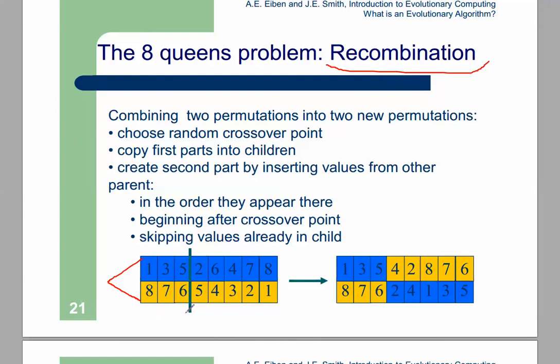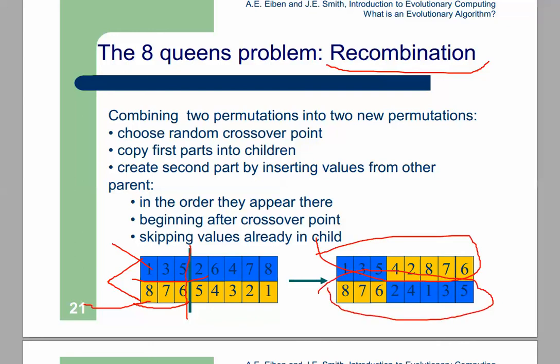We use one breakpoint and substitute the upper and lower parts of parent 1 and parent 2. It is a new child and it is a new child.